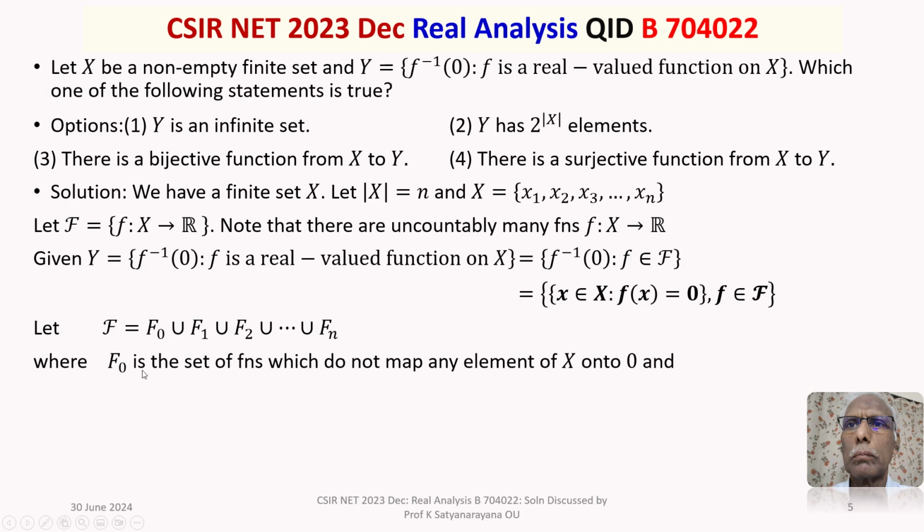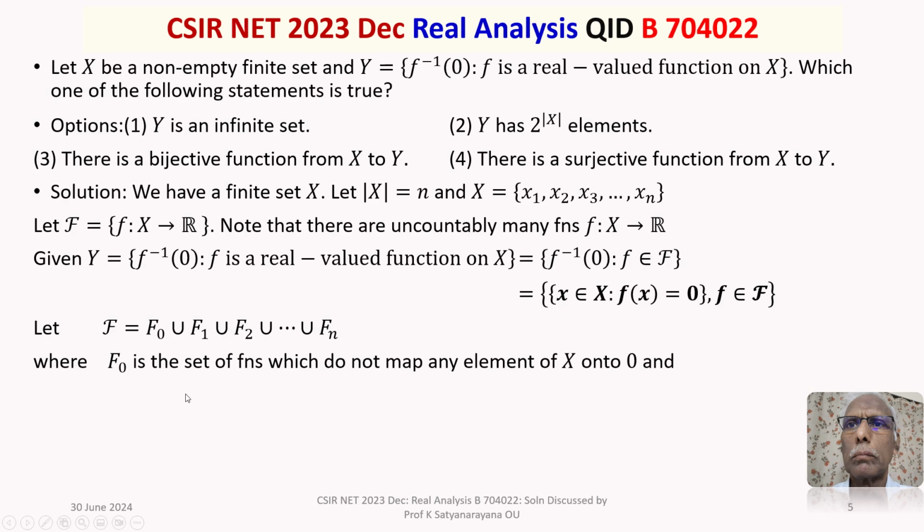So, F naught consists of all those functions which do not map any element x1, x2, xn of X onto 0. What is F1? F1 is the set of functions which map one element of capital X onto 0.